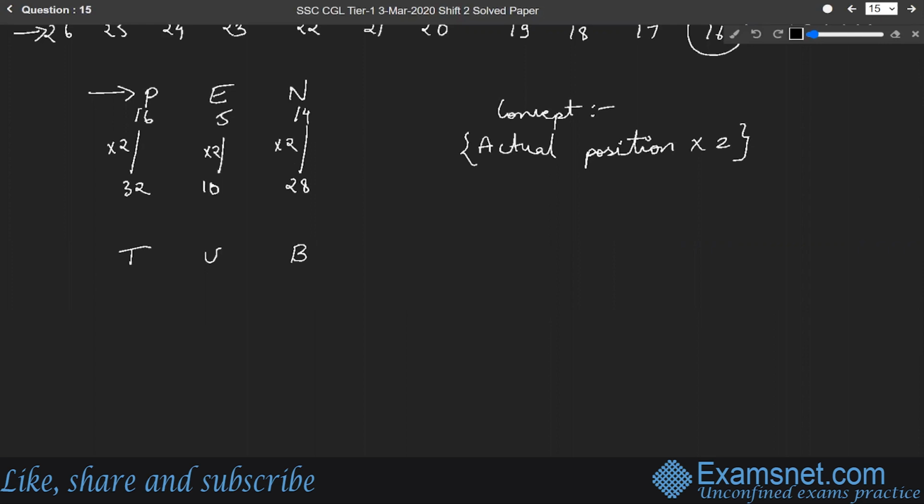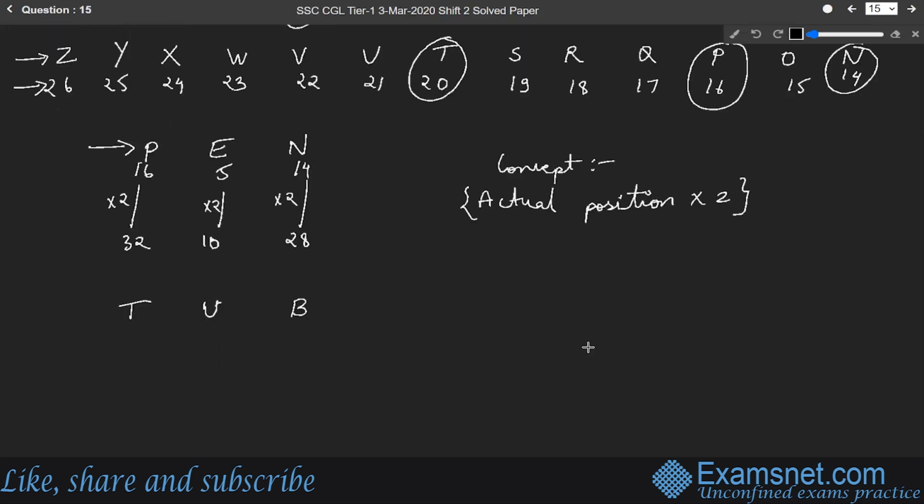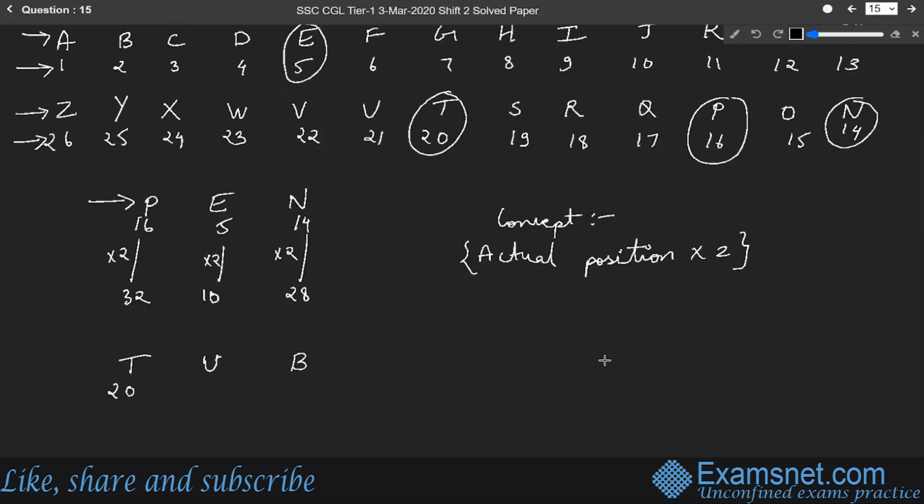So firstly, let us write the actual position of T, U, and B. Looking at the alphabet place value chart, the positional value of T is 20. Then the positional value of U is 21.